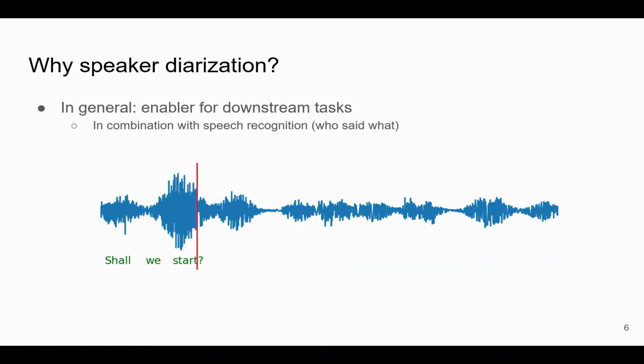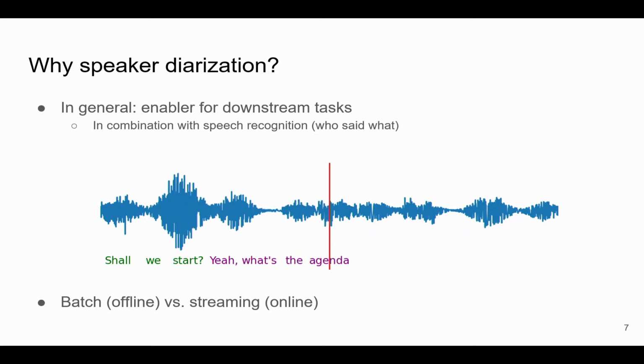And here in this GIF, as an example, I'm touching a bit on one extra thing, which is the mode for diarization. This happens for many tasks: you can have the batch or offline way of doing things, or streaming or online, where you process and produce outputs as you receive the input. Here, the red line shows us in real time how speech is spoken, and then we get the outputs accordingly.